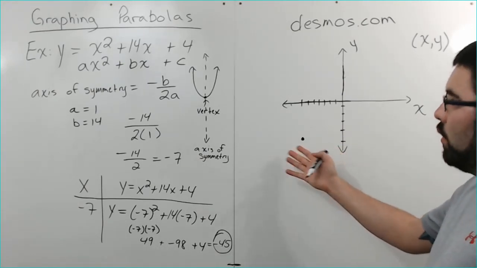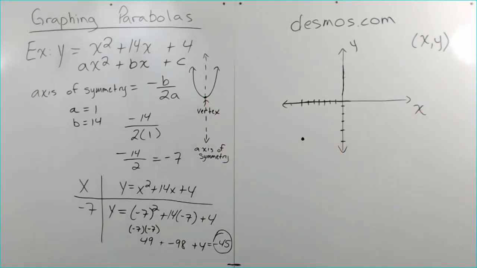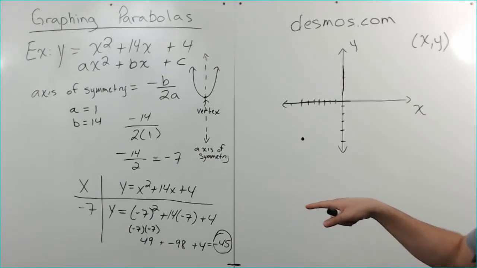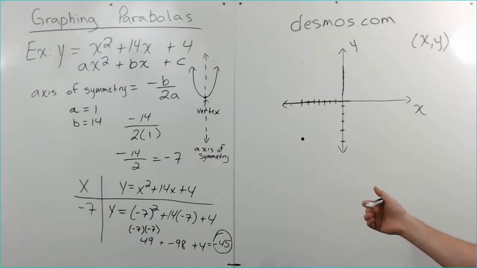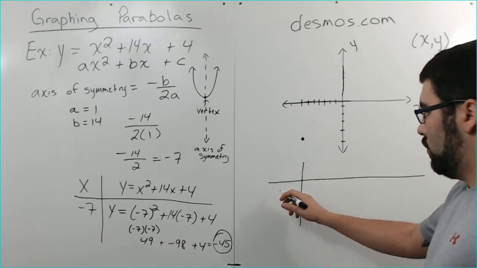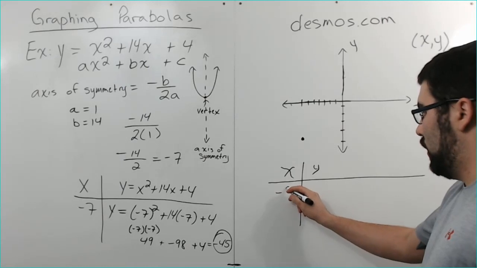Well, now what? I just found the middle of my parabola. So I need to find another point. So essentially what you'll wind up doing here is the same thing I already did over here, but with other values for x. So now I'm going to continue on with my table for x and y, but now I'm going to have negative 8.